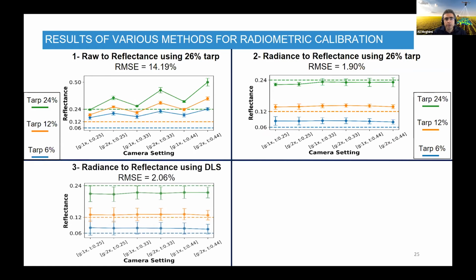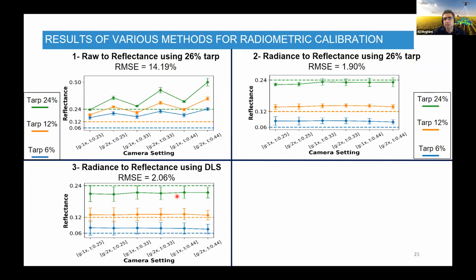And also, the other thing that we did, instead of using a TARP or panel for reflectance conversion, we used data that comes from the downwelling sensor. As German explained, the downwelling sensor is mounted on the top of the drone, and it measures irradiance, the light that comes from the sun. And here you can see, since we already converted to radiance, we still get fairly consistent results. It might be a little bit off.